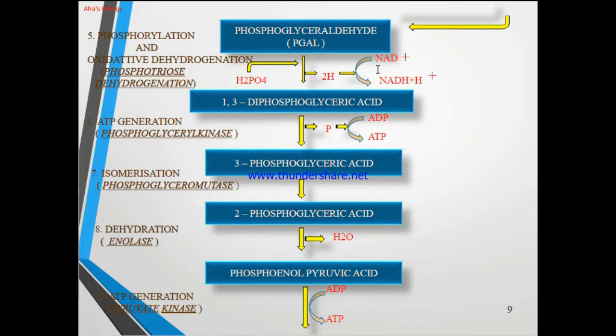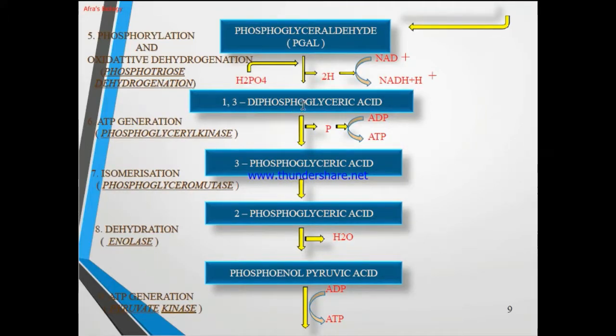NAD is converted into NADH2, as 2 hydrogens are released from the phosphoglyceraldehyde, along with an inorganic phosphate being added into the reaction. That's why phosphoglyceraldehyde, PGAL, is converted into 1,3-diphosphoglyceric acid.